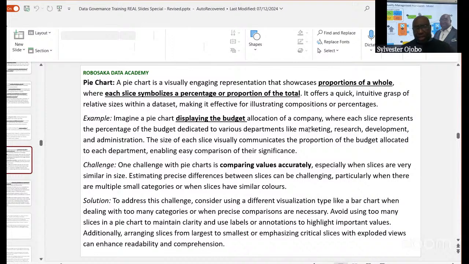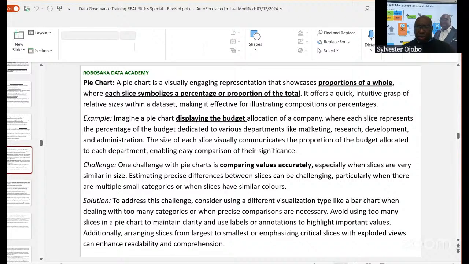One of the challenges we have in pie charts is comparing values accurately, especially when slices are very similar in size. Estimating precise differences between slices can be challenging. Of course, that is a challenge we cannot fully mitigate, particularly when there are multiple small categories or when slices have similar colors.